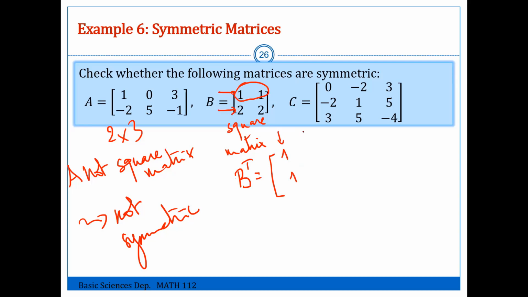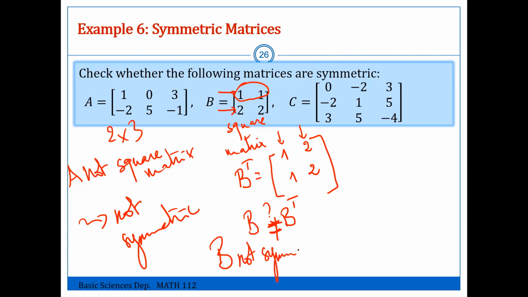The second row will be the second column. And we compare. Do we have B equal to B transpose? No. Since they are different, B also is not symmetric.